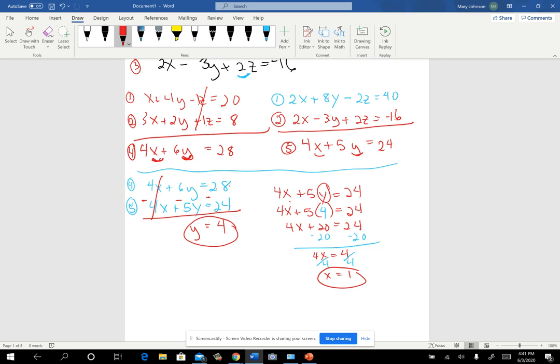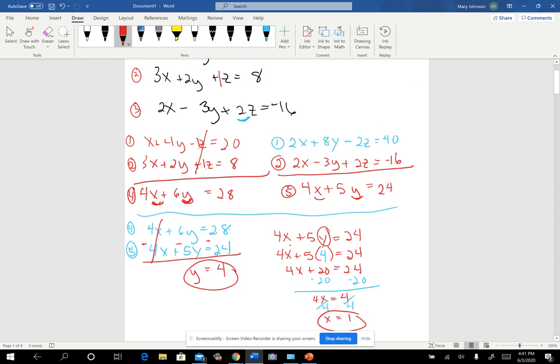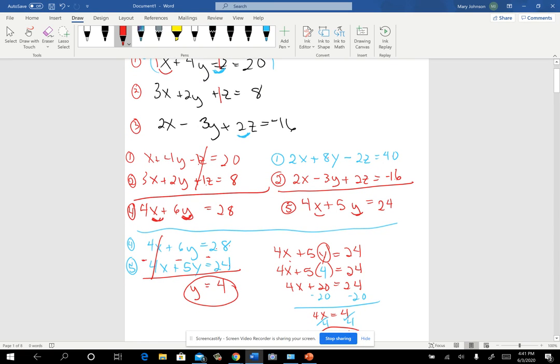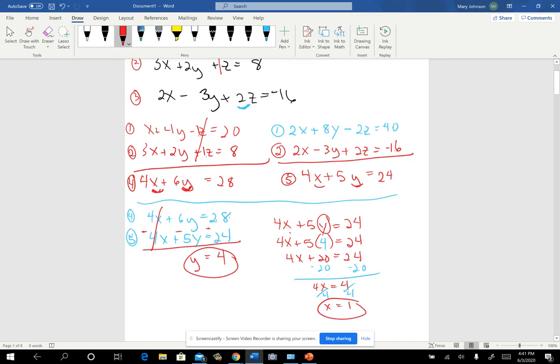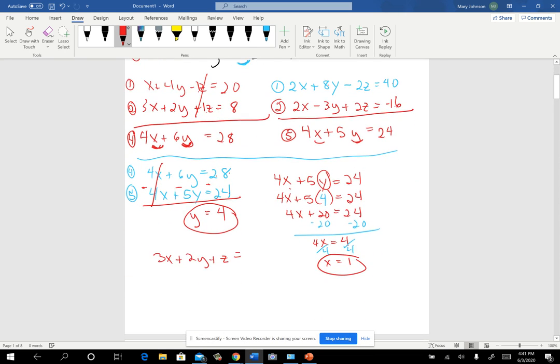So to find z, I need to go and pull an equation that has a z in it. So I'm going to take equation 2. I could have taken any one of those, but I like the way equation 2 doesn't have any negatives. It could have been any one of those. And what was it equal to? 8? Yes.